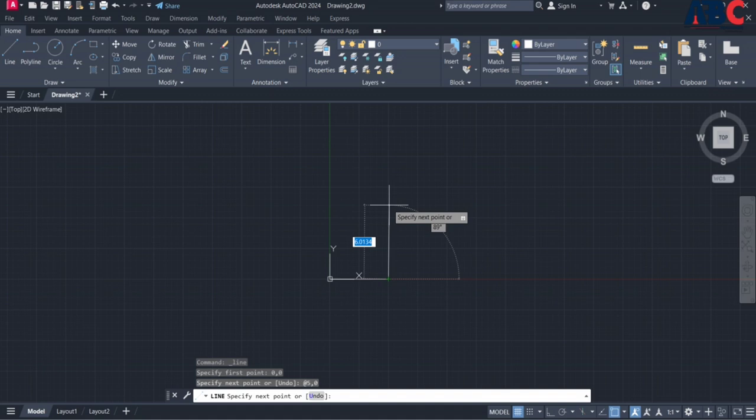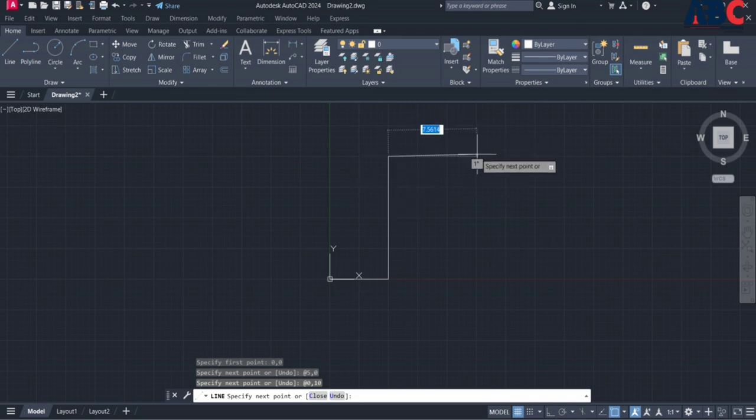For that I have to use the @ symbol and specify the next point as 0,10, then enter. This is how we can work with the relative coordinate system.